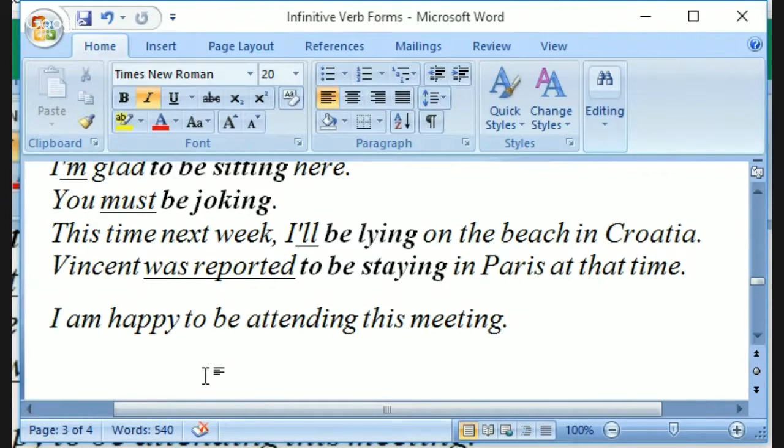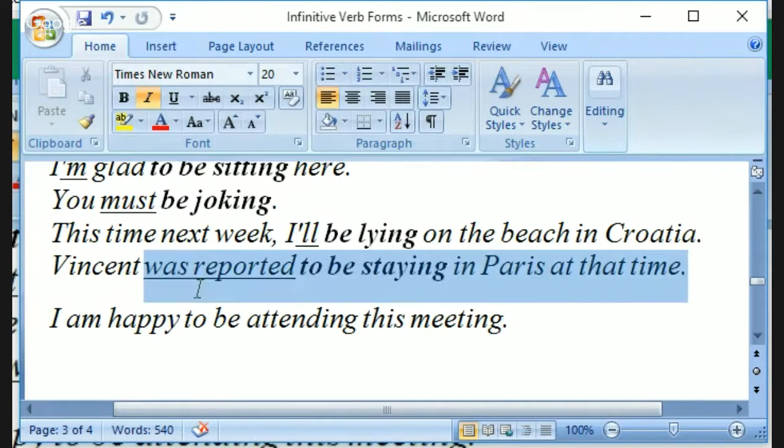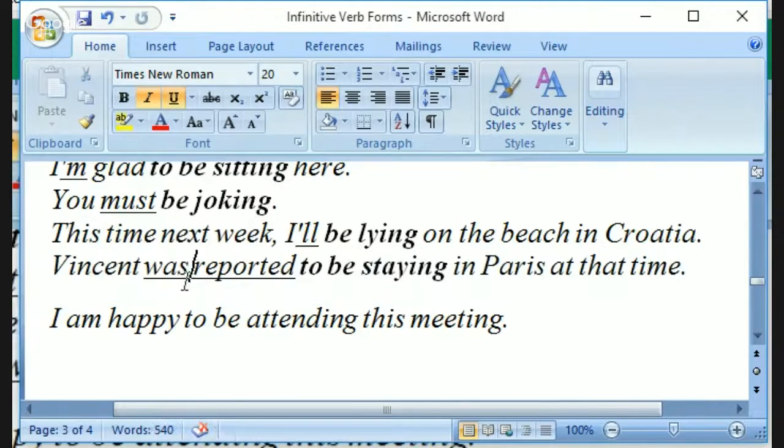You want to try? Like you must be joking, right? Well, no. A passive is like this last example. Vincent was reported by this thing. So the key is to have the verb to be in front of the verb. You don't have to use past tense. You know, was reported, is reported, will be reported, whatever.